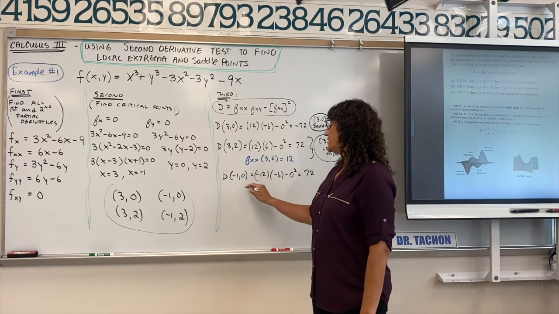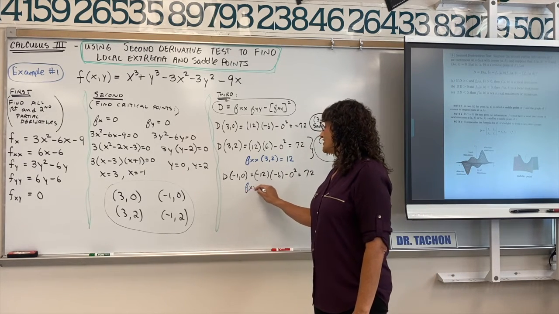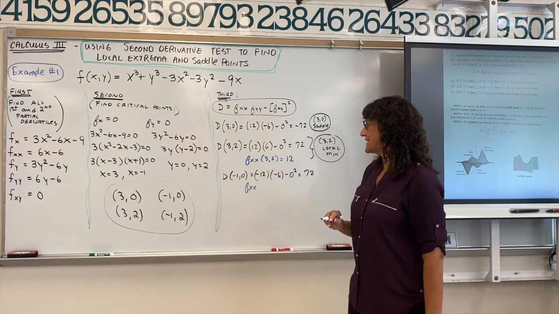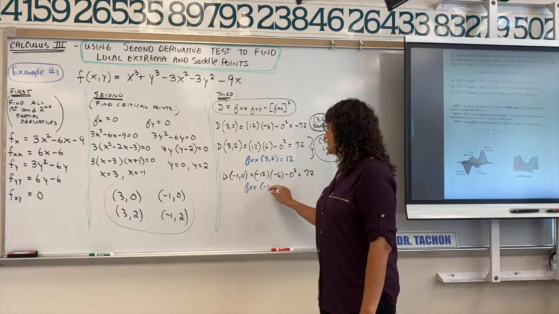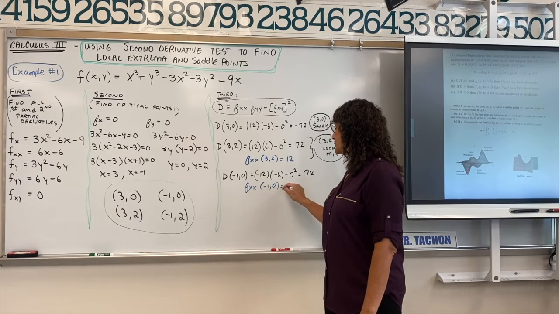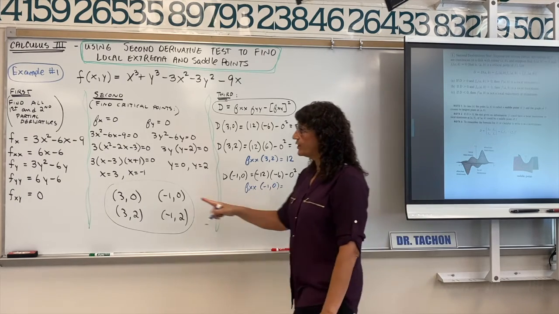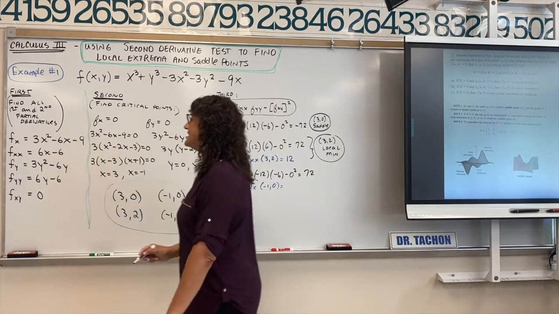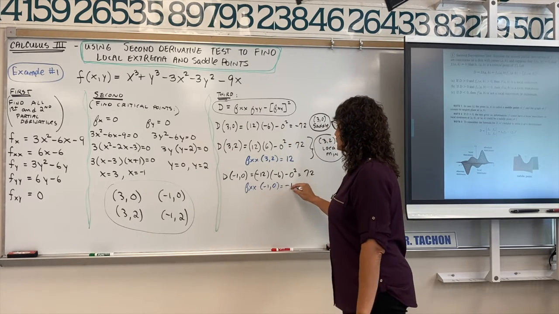Is it a local min or a local max? Well, we have to check the second partial with respect to x, with negative 1 for x and 0 for y. Plug in negative 1 for x, and you get negative 6 minus 6, which is negative 12.